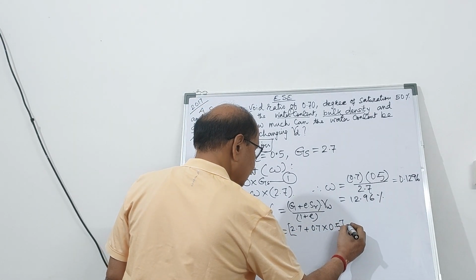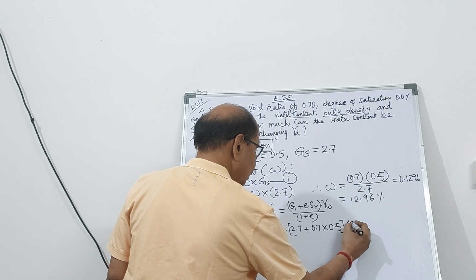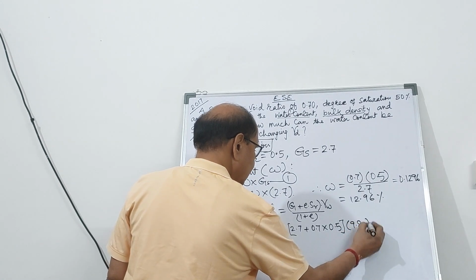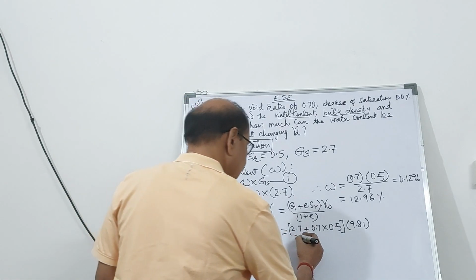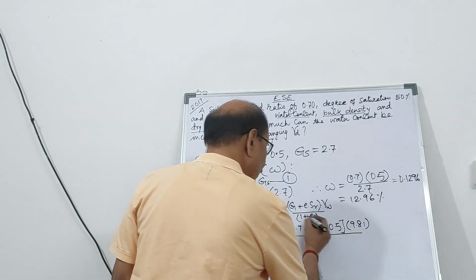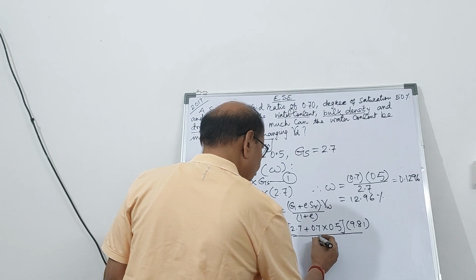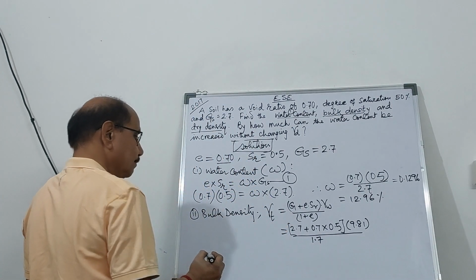Gamma W is well known, 9.81 kilonewton per cubic meter, divided by 1 plus E, which becomes 1.7.